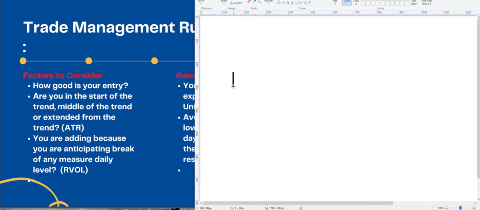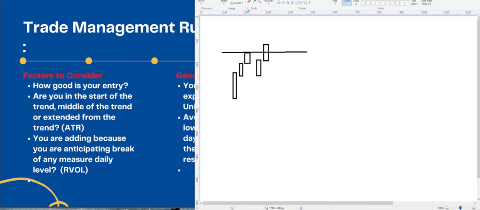You see this candle, another candle, and another candle, and then the candle came down and you took the breakout of this trade, and your entry is here. This black line is your entry.